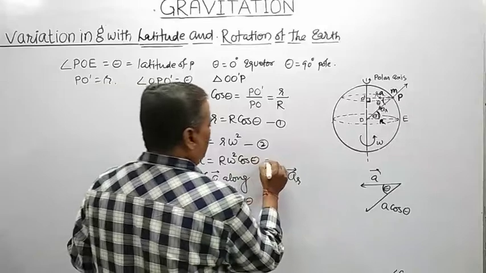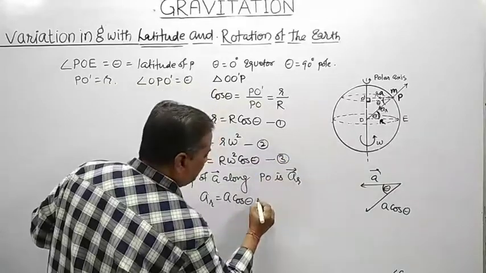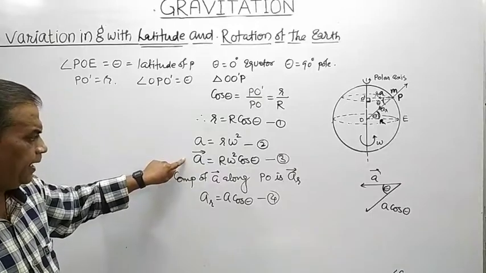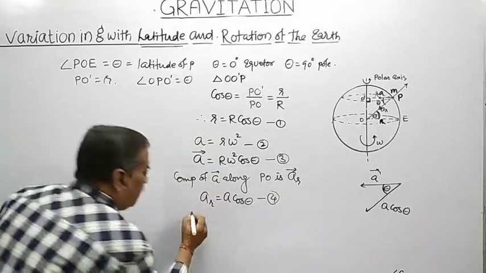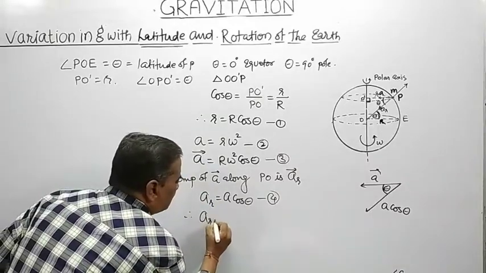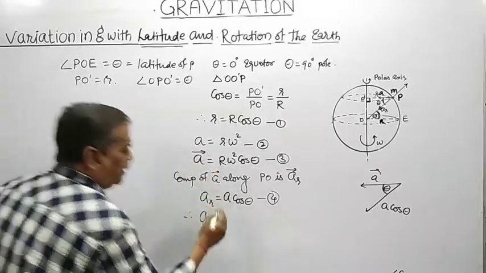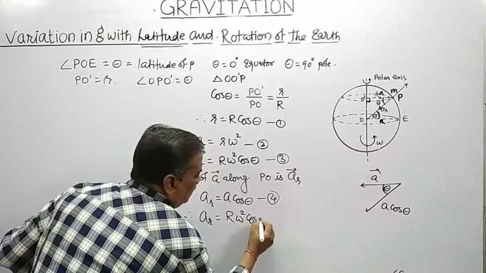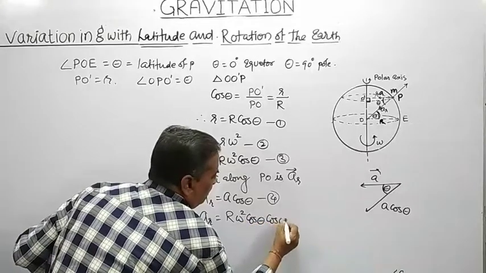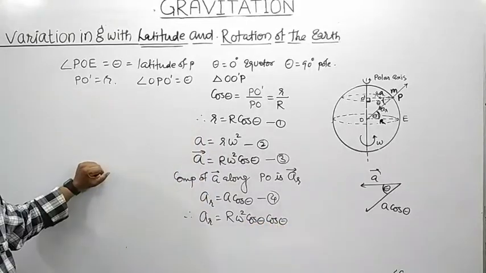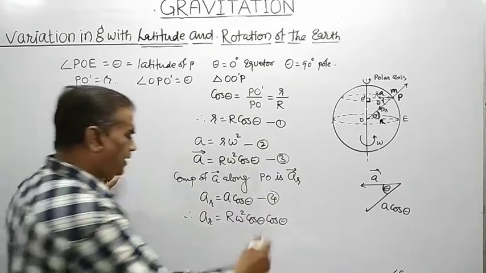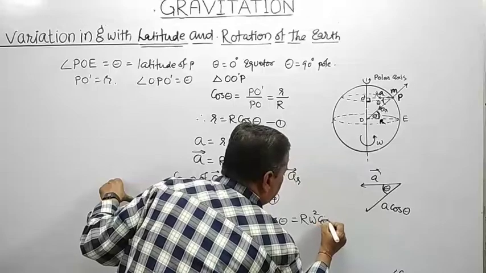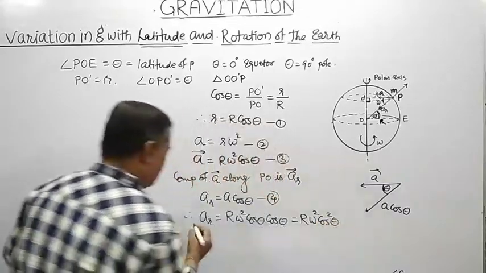A cos of theta. So by using equation 3, equation 4 becomes, you can put the value of A in this expression. Therefore, AR is equal to, in place of A, I can write R omega square cos theta into cos of theta, or it is equal to R omega square cos square theta.